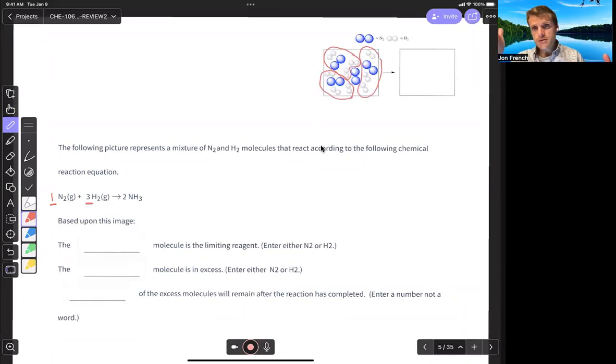All the hydrogen is consumed. So that would be our limiting reagent, because the hydrogen is gone. It stops the reaction. And the one thing we have left is nitrogen. So that would be the excess reagent, because if I had more hydrogen, I could use that nitrogen. And how many excess molecules remain? Basically 1 molecule of nitrogen is in excess in this reaction for question 9.